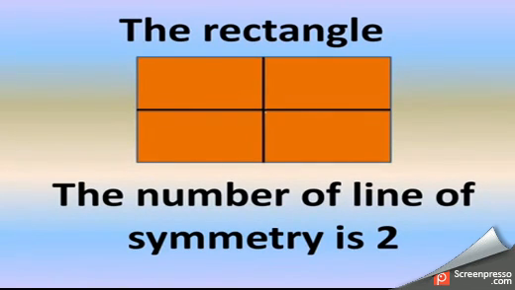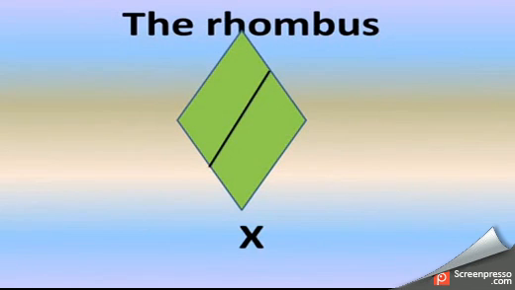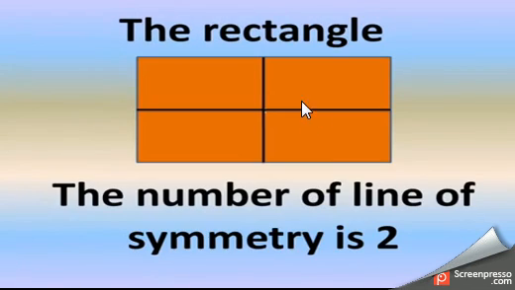When I fold it, the parts completely cover each other, so the rectangle has two lines of symmetry. What are these lines of symmetry? The vertical line and the horizontal line. So the rectangle has two lines of symmetry.